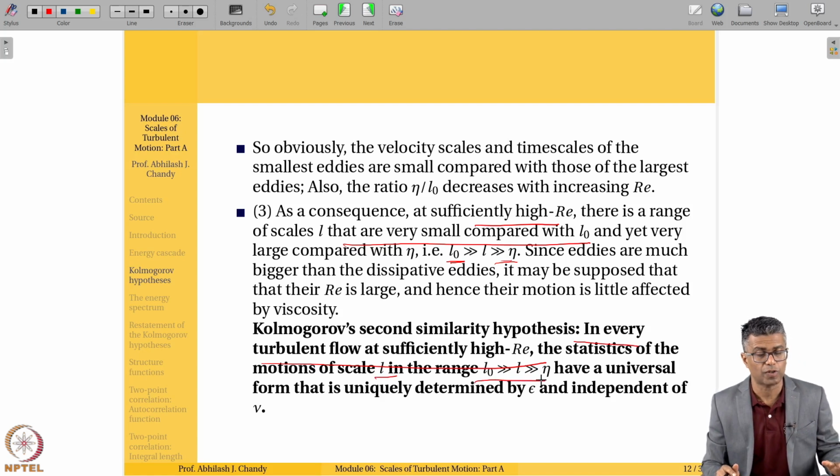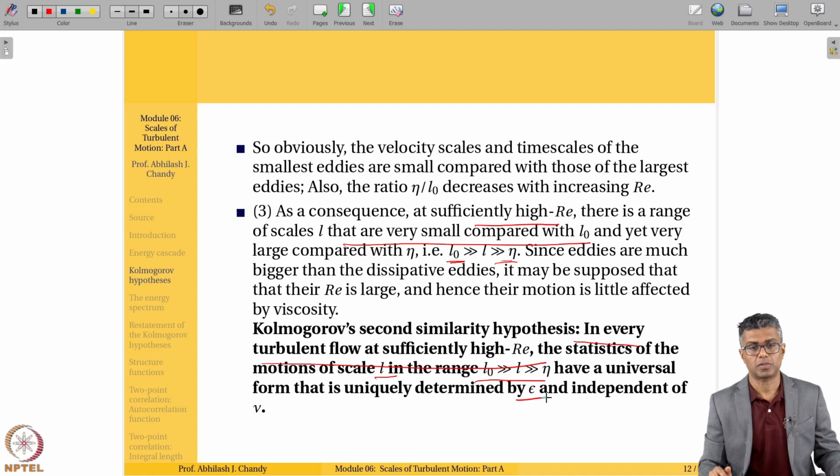We knew they had a universal form, but now he is restating this by saying that these scales have a universal form uniquely determined by epsilon and independent of viscosity, because the Reynolds number is large enough that viscosity does not play a role at these scales. That's his second similarity hypothesis.